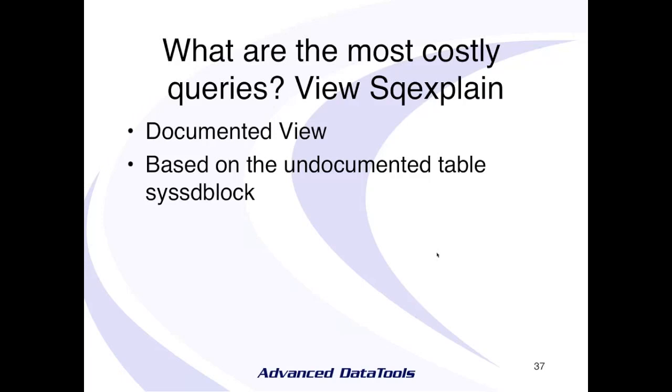As soon as a query is finished running, it doesn't show up in this table anymore. So it's very dynamic. What I like to do is capture this data once an hour, and that way I'll get a cross-selection of queries that are running.